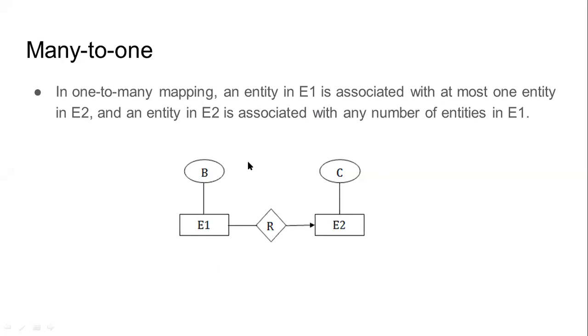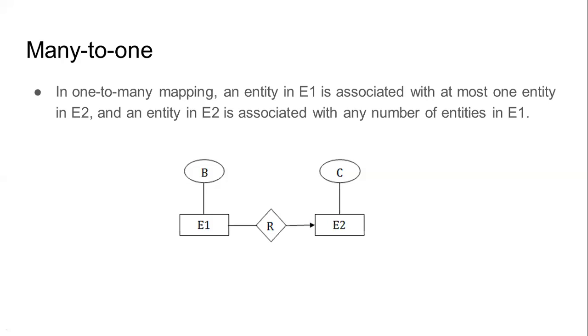That means from E1 a number of entities are considered, but from E2 only one entity is considered. So no arrow is here for the relationship with E1, and for the relationship with E2 an arrow is mentioned. Right now we are concentrating on definitions. After that I will explain along with a real time example.